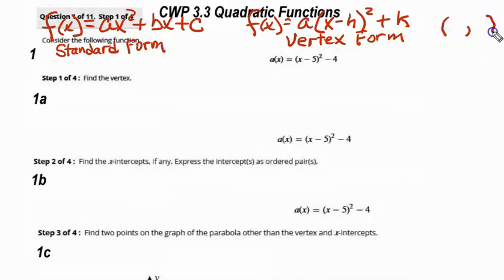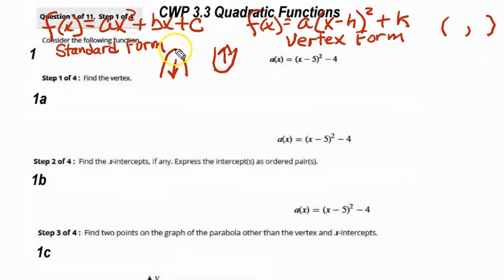Because you could pick out the vertex of the parabola. And a quick review of that is if our A value is negative, the parabola will open downward. If our A value is positive, it will open upward.